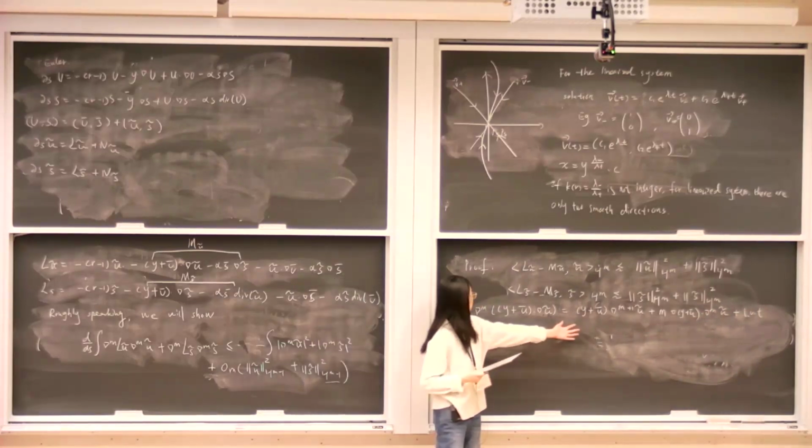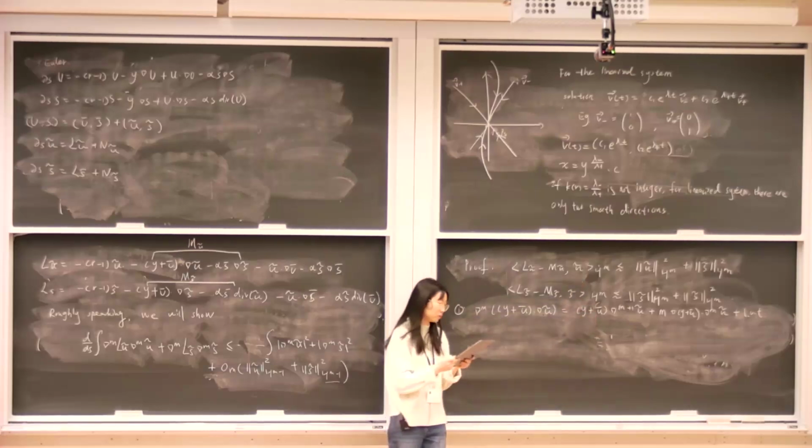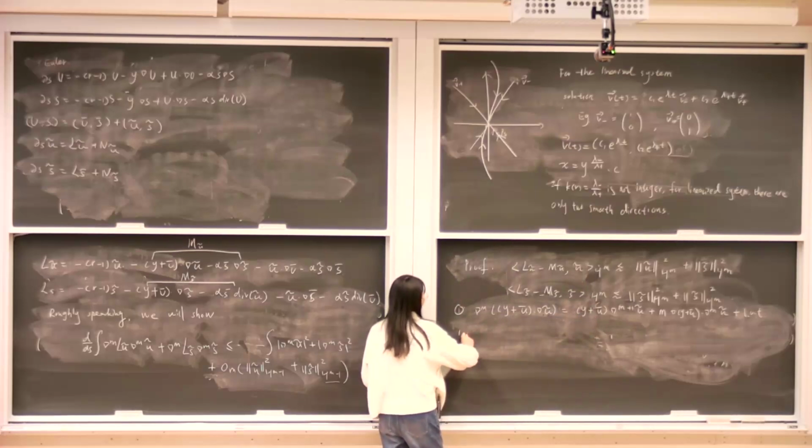The first term is just integration by parts, so it will be controlled by a fixed constant times the homogeneous HM norm. Let's call it 1.1.